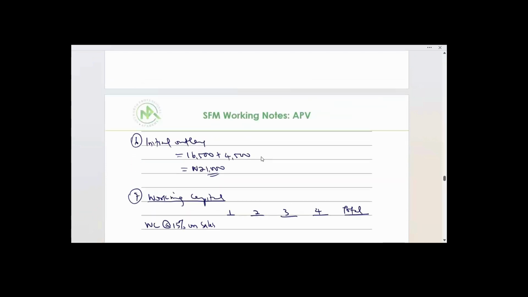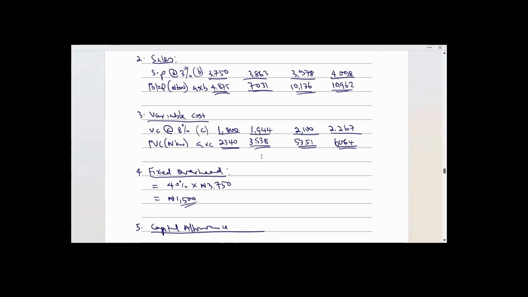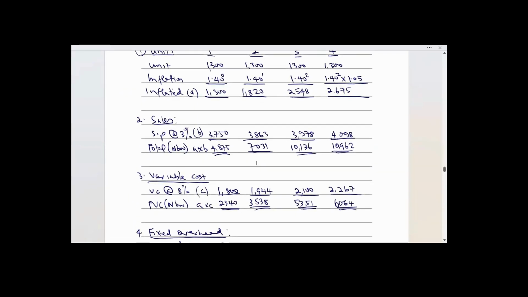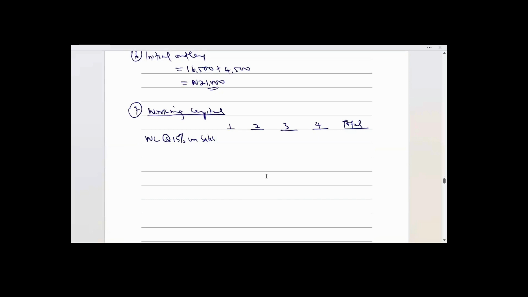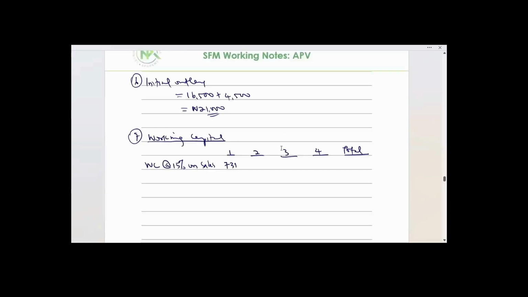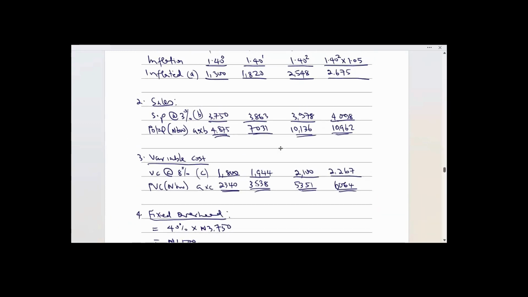The sales for the first year, according to our working, is 4875. So what's 15% of 4875? 731. Here is 731. Sales for the second year is 7031. What's 15% of 7031? 1055. Here is 1055.